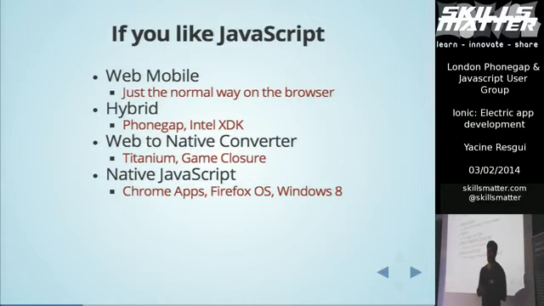And you have web-to-native converters. That's why I was talking about Titanium. And native JavaScript, for example in the Chromebook, in Firefox OS, and in Windows 8, where you can create applications with JavaScript. You have all the UI stuff. It's really handy.